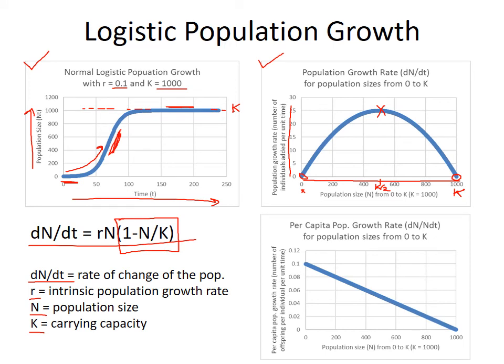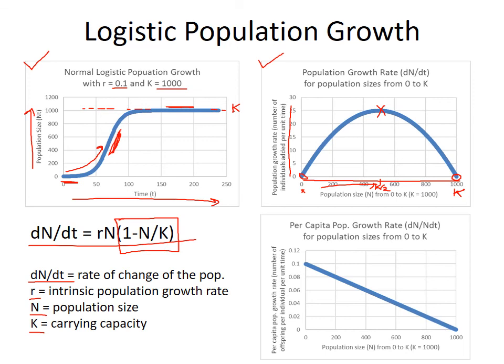So at this point, you have maximum population growth because you've got enough individuals for the growth to be based off of, but you don't yet have so many individuals that the population growth rate is slowing down and nearing carrying capacity. So it's the point of maximum population growth. Interestingly, maximum population growth rate occurs when you're only about halfway to the maximum population size.